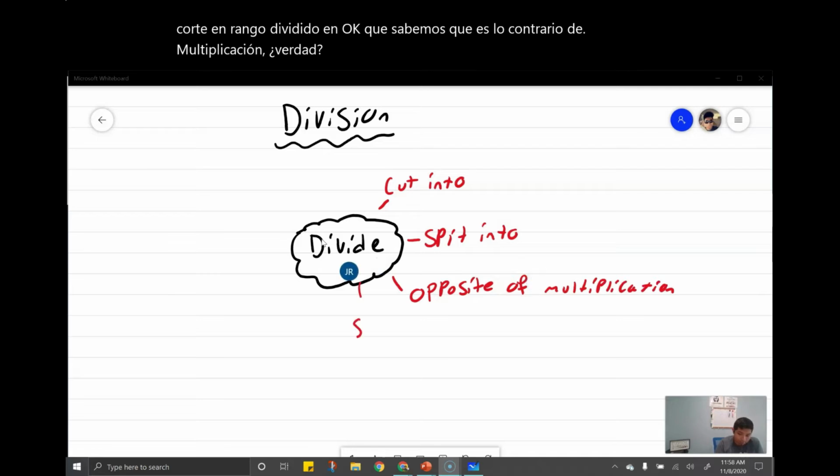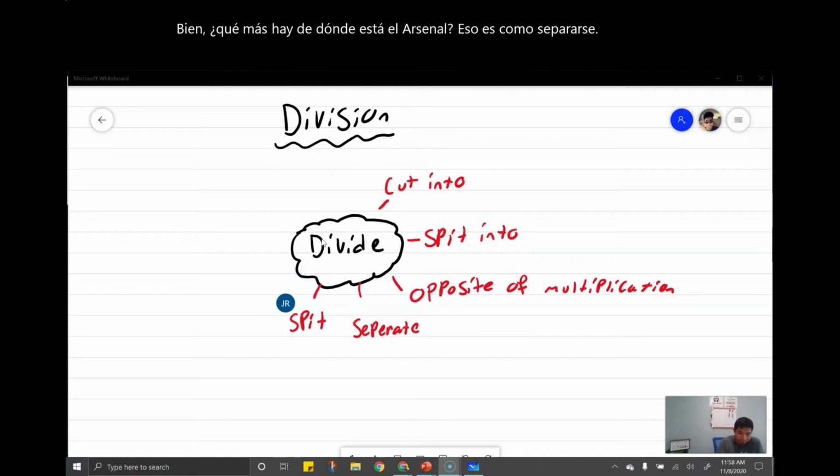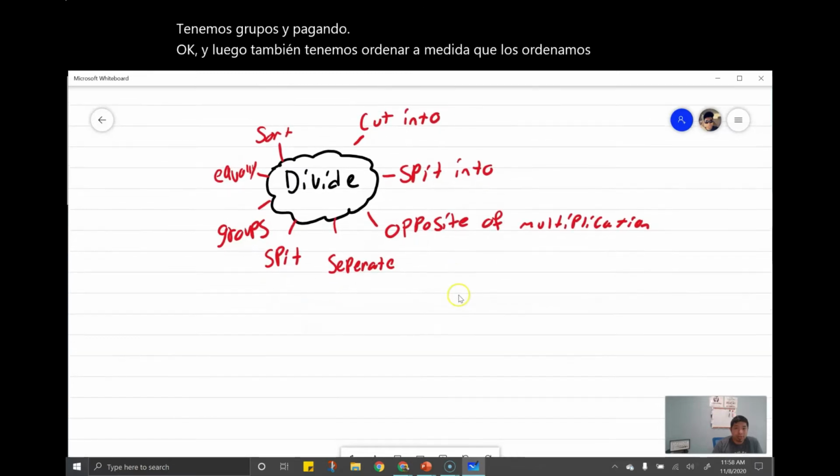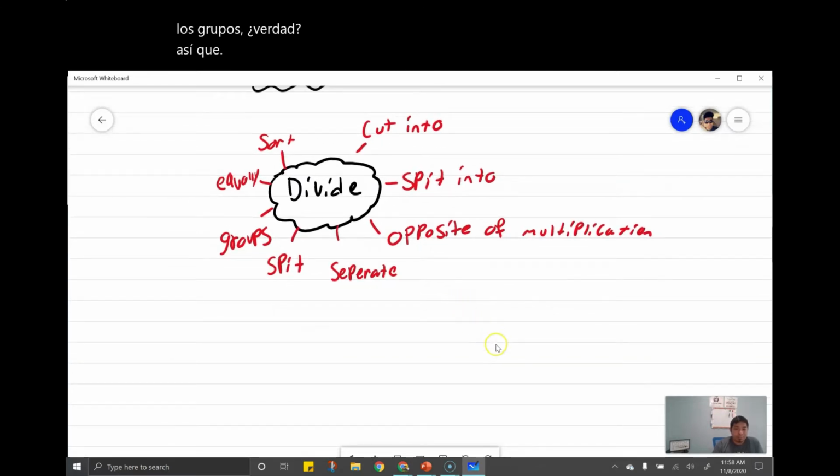We also know that it's kind of like separating, right? Split. We have groups, okay? We have equal, okay? And then we also have sort, because we sort them into the groups, right? So make sure you get all that down, okay? So that's what dividing is.